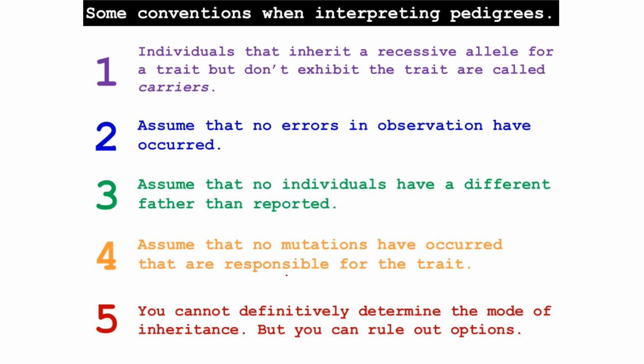For some human traits, people will have thousands of individuals that they'll be looking at. And the reason for this is that not all traits are just autosomal or sex-linked, dominant or recessive. And in other videos, we're going to talk about all the different ways that going from a genotype to a phenotype can be complex: codominance, incomplete dominance, environmental effects, and so on. So things are not always as simple and straightforward as we imagine.